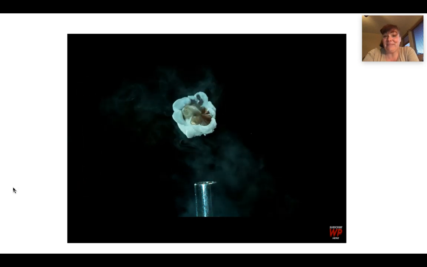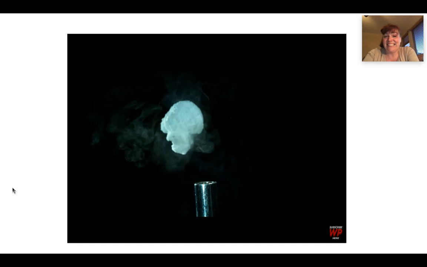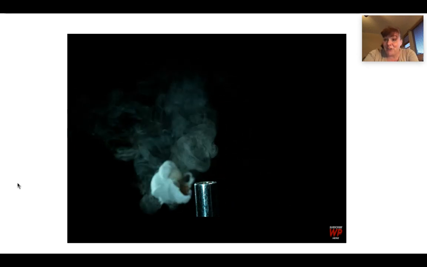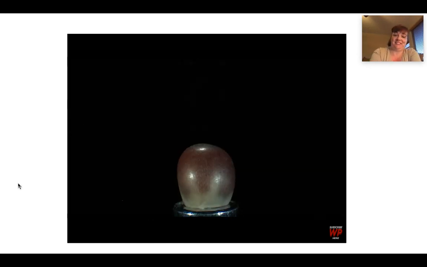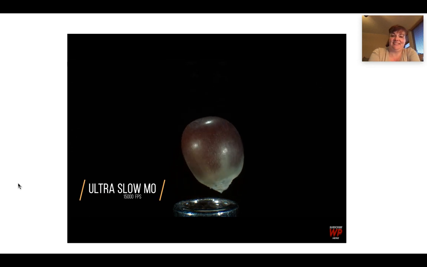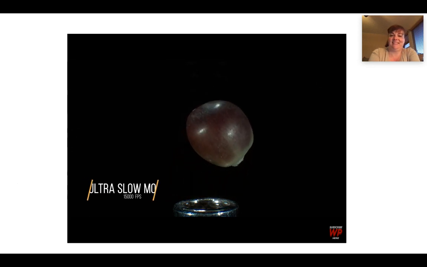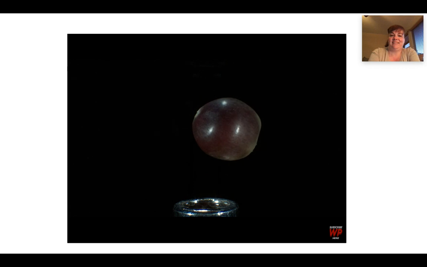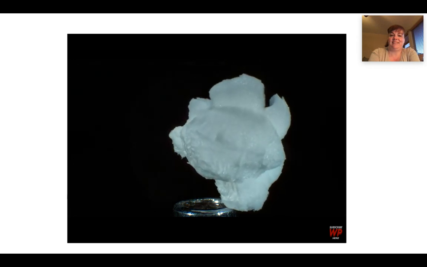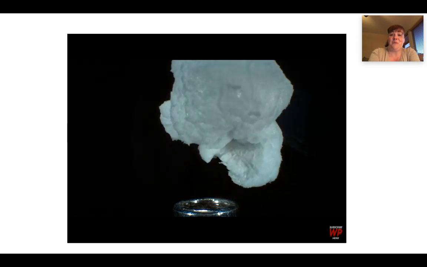Do you see the steam? That came from the water vapor inside the popcorn kernel. Wild.